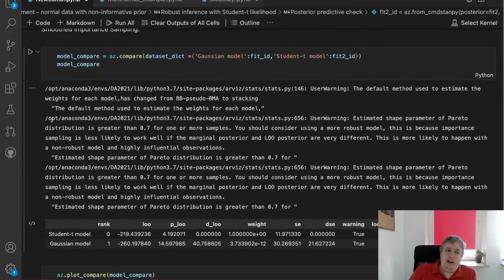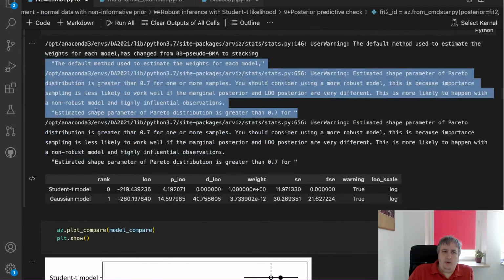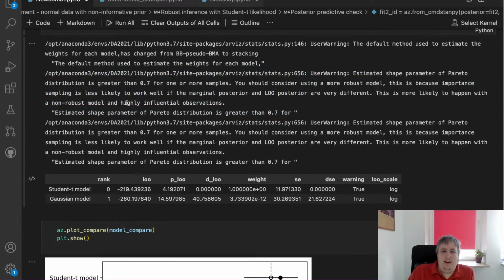As we can observe, computing the information criteria, we can get some information that there is some issue. That is, the parameter of the Pareto distribution is greater than 0.7 for certain samples.